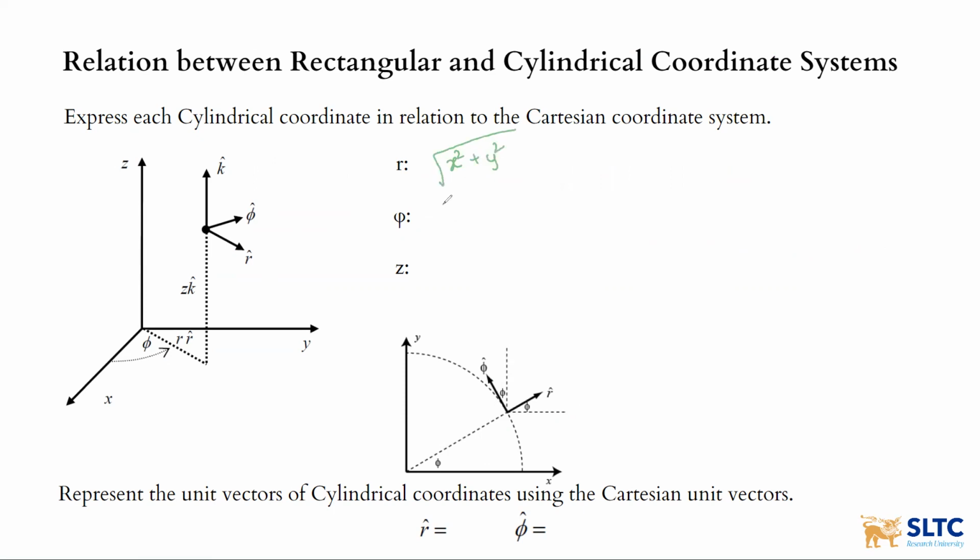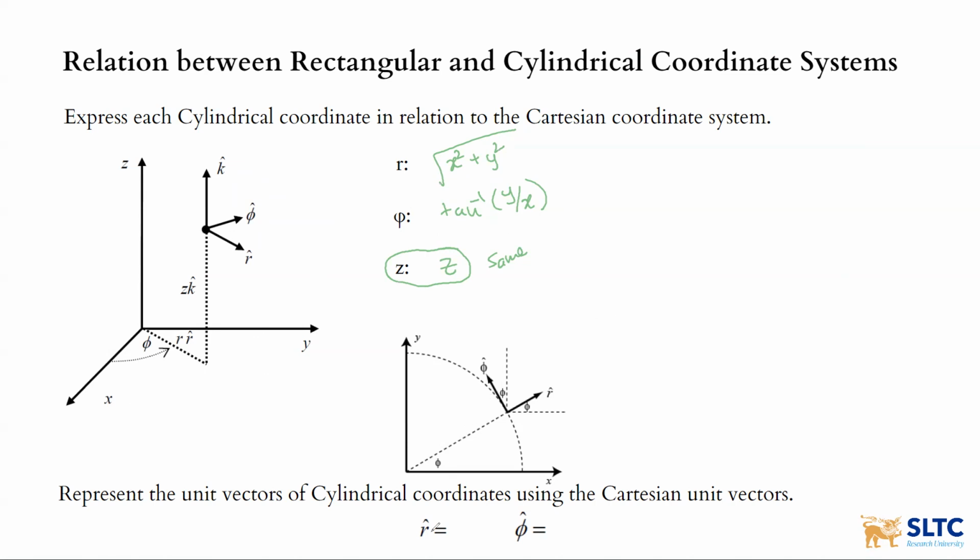If I'm wrong, please let me know. Okay, so phi is tan inverse of y over x, and this is z. So z is the same as the Cartesian z. There's no difference. R and phi are defined using x and y only, because r is in the xy plane, so it only depends on the values of x and y. If you have any confusions about that, please let me know.